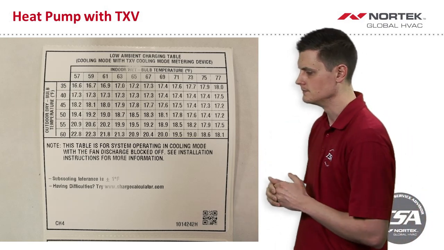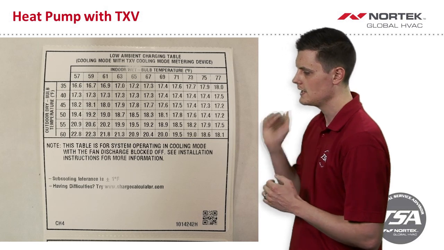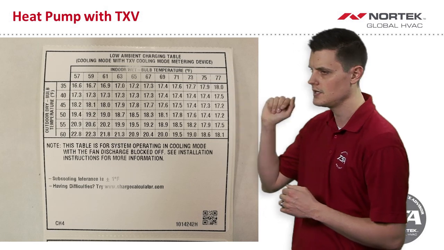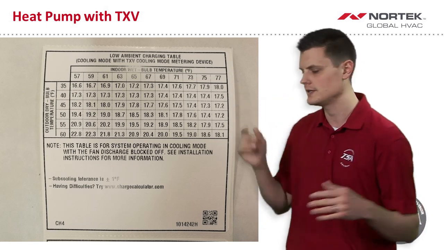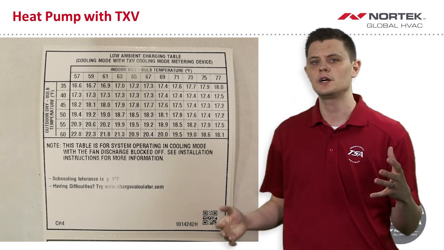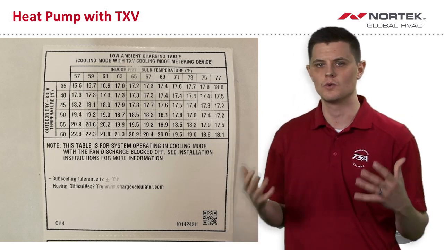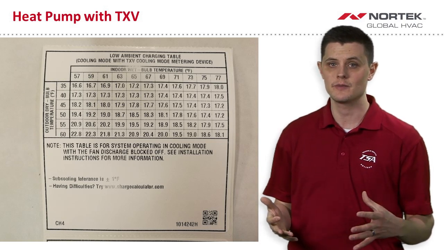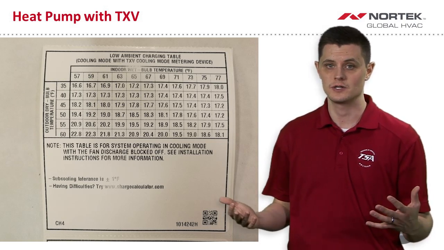Now, one thing I really want to point out to you guys, which we touched on in the charging calculator portion, is the indoor wet bulb temperature. This is where we really have to know what the indoor wet bulb is, and the techs need to have a psychrometer for us to properly charge this.